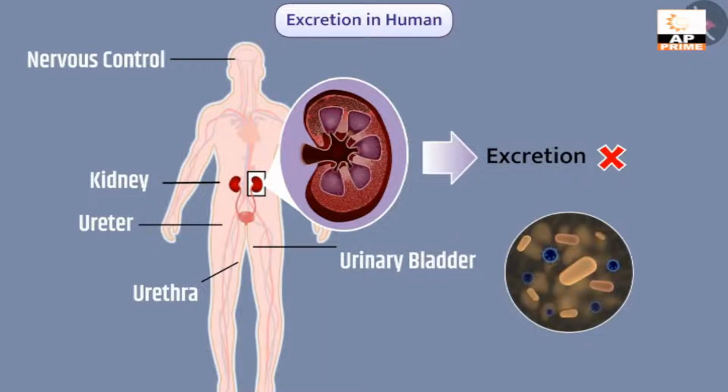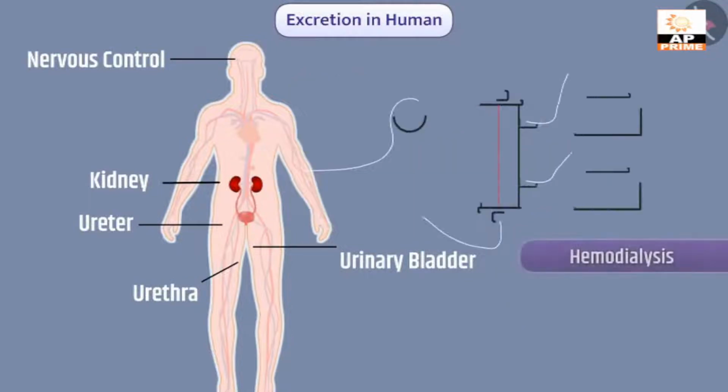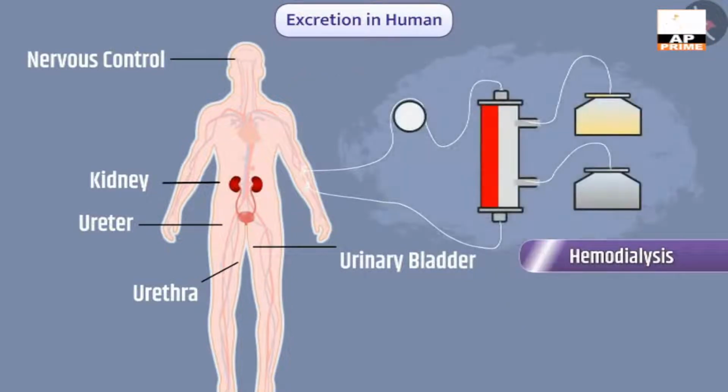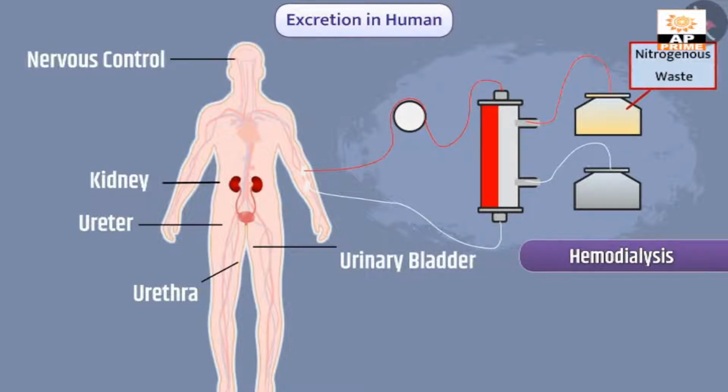This increases the chance of death. In such cases, hemodialysis is used, in which the blood is filtered with the help of machines and nitrogenous waste is removed from the body. That is why we call dialysis an artificial kidney.